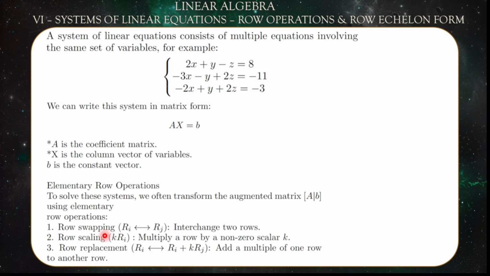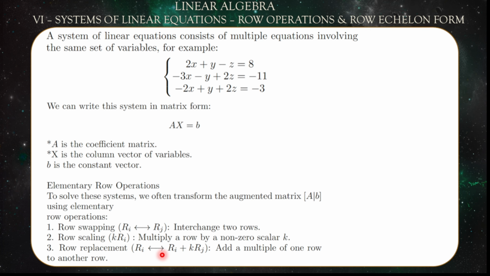So what are the different row operations? The ones that we've seen already, like row swapping. You can swap or interchange two rows. Row scaling, you multiply a row by a non-zero scalar. Row replacement, like R1, for example, equals R1 plus 2R3. We've seen it already.